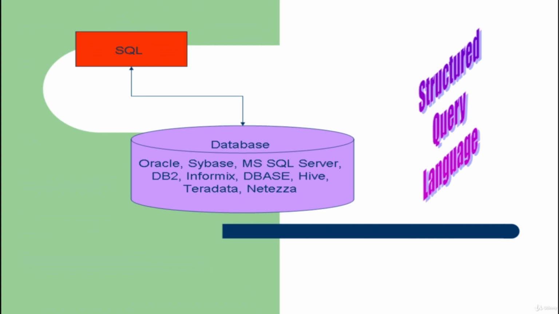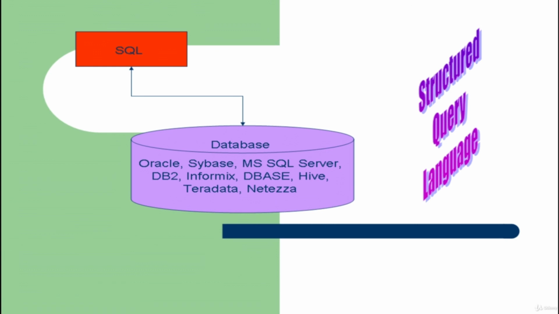Nowadays, we use what is called ANSI SQL, which is a standard in using SQL. So SQL is a language that lets one look at the data, update, insert, delete, or manage the data stored within a database management system.